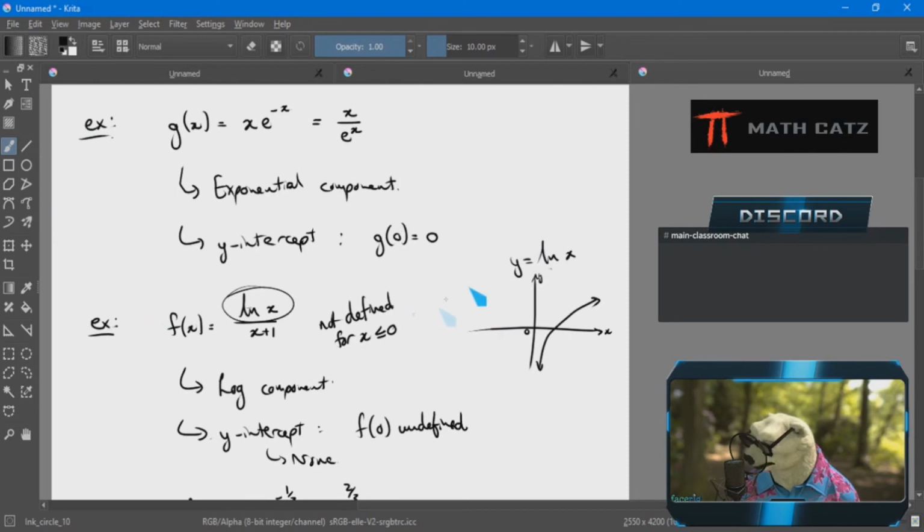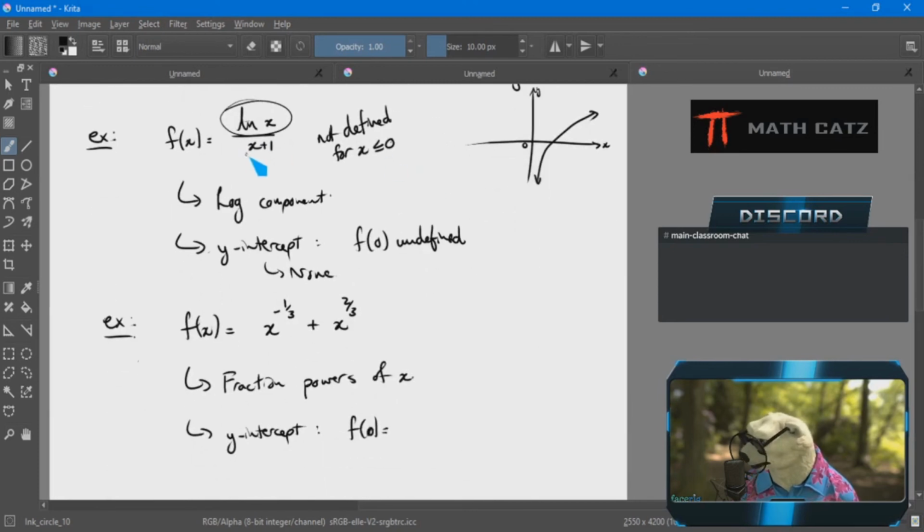So I want to set myself up to be aware of upcoming questions. Here as well, I see a denominator of x plus 1. Luckily, I see it from the start. So I can say, oh, when is this guy 0? X equal to negative 1 is going to have a vertical asymptote.